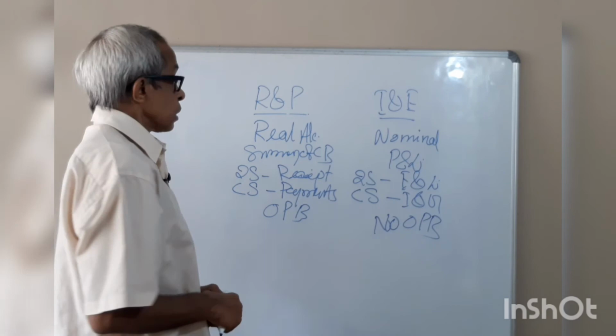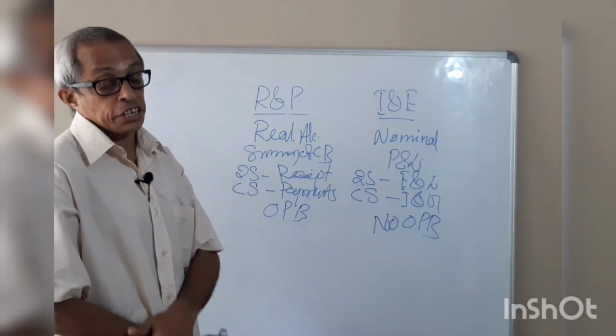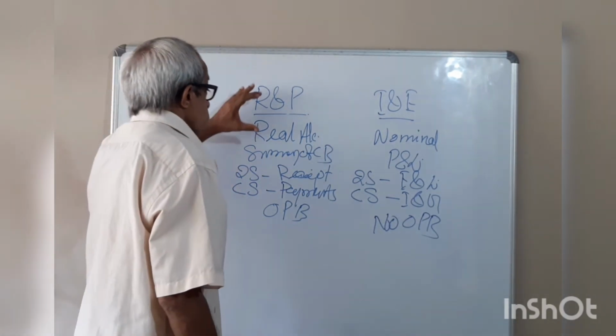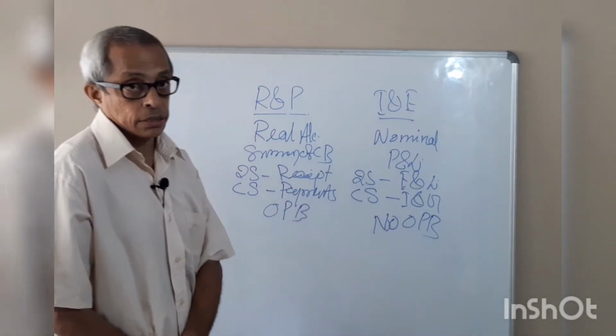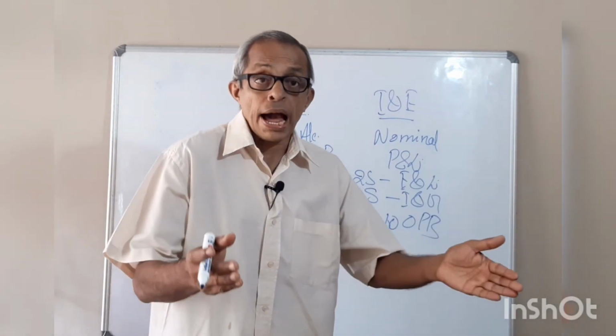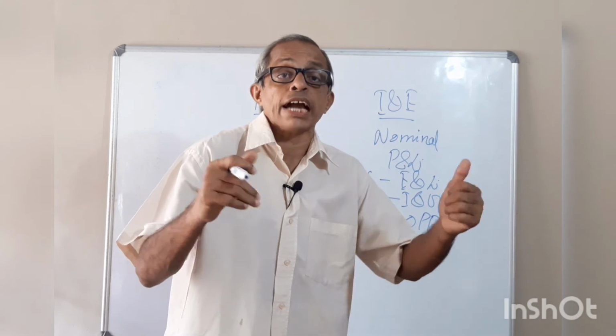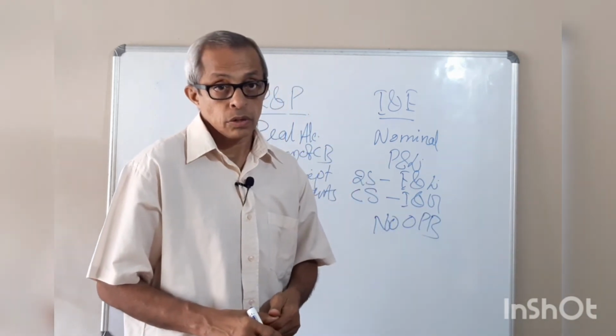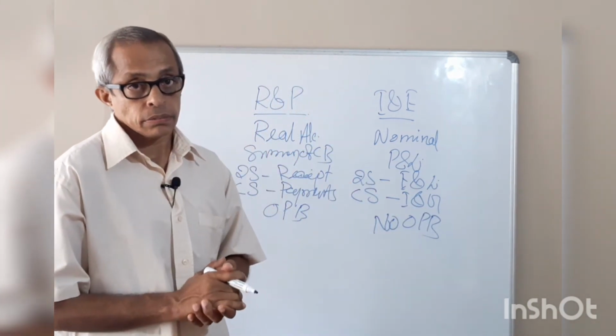And next is how the closing balance is dealt with. As far as receipts and payments account is concerned, the balancing figure will be either cash in hand or cash at bank.